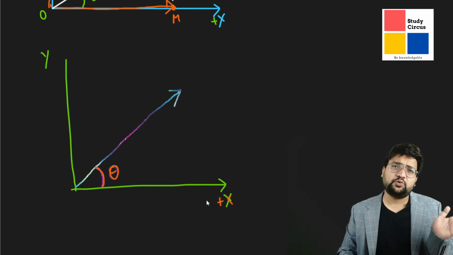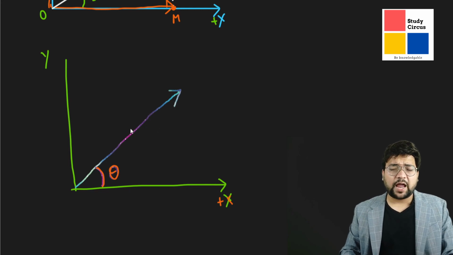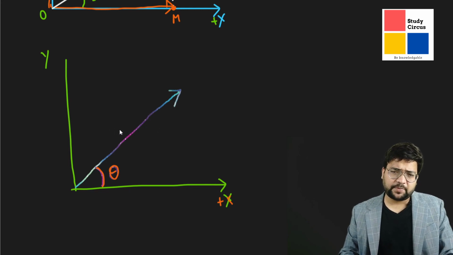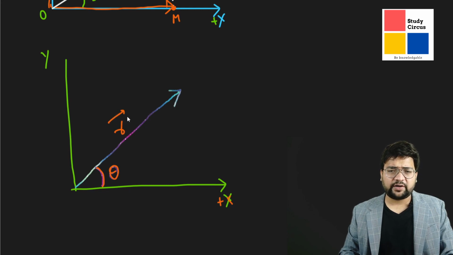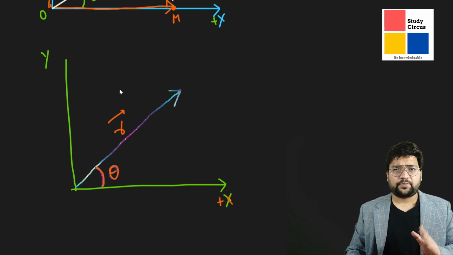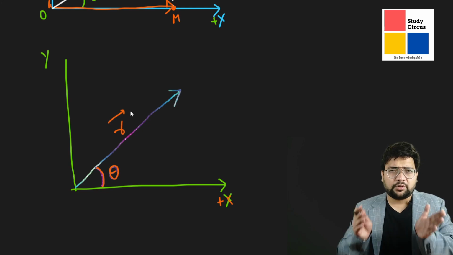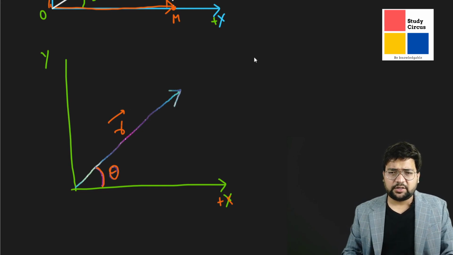It can be obtuse, acute, whatever. And the magnitude is, let's say, anything. Let's say the magnitude of the vector r is r.